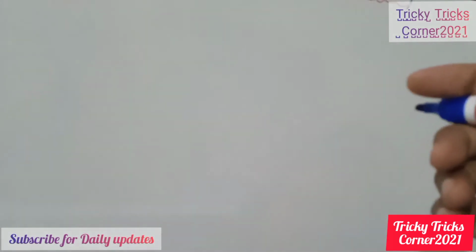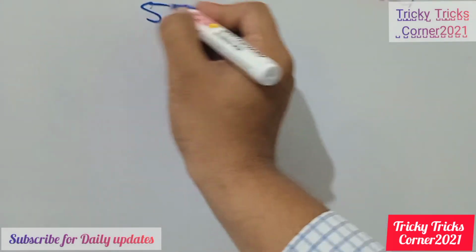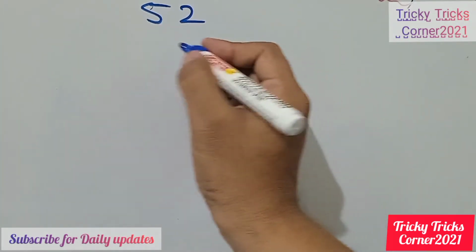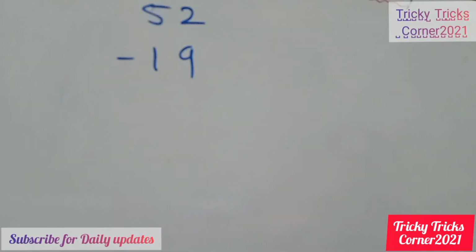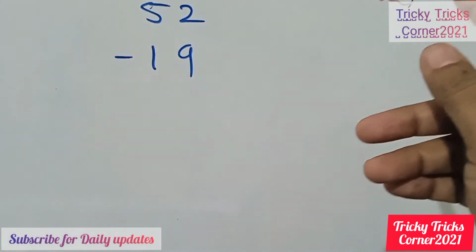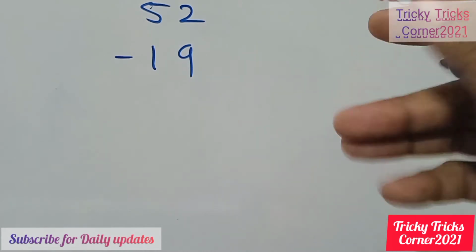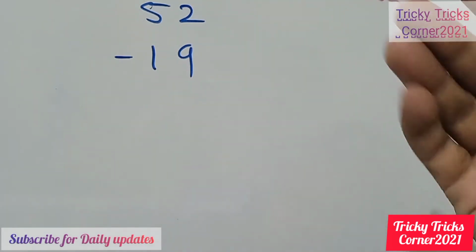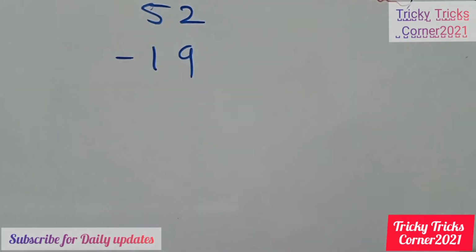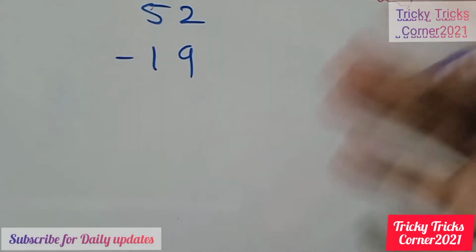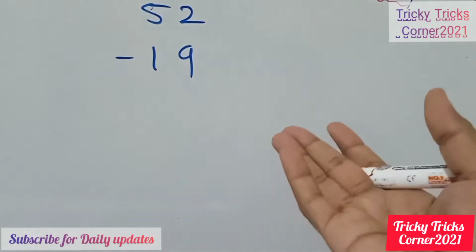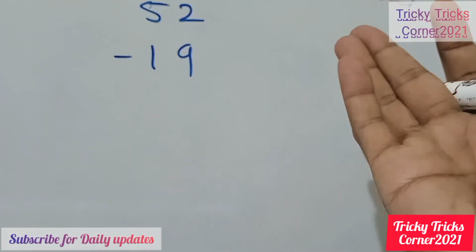If I have the two numbers 52 minus 19, I think if one slides up by making the 19 into 20, then slides the 52 up to 53, it becomes very easy.